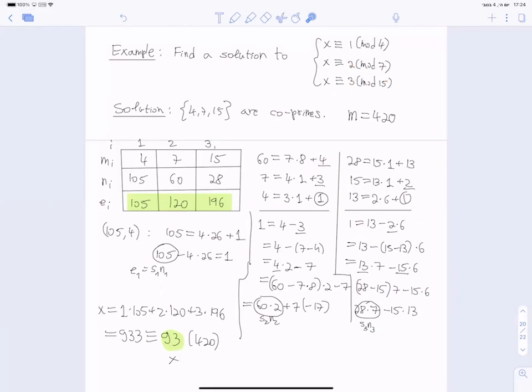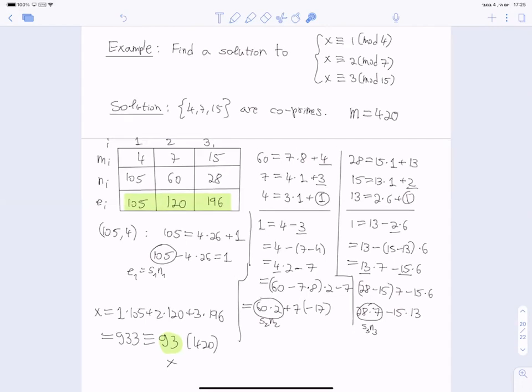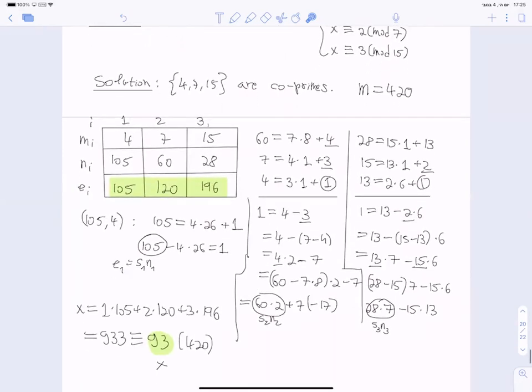Now, you may say, okay, it's a long computation. Maybe I could find it more quickly. So think about greater numbers, okay? It's not so simple. So this is how we find the solution. And there is a unique one modulo 420. I mean, this is also a solution. Every 420, you have another solution.